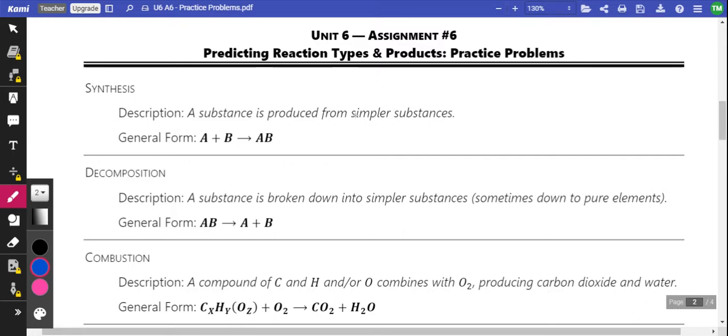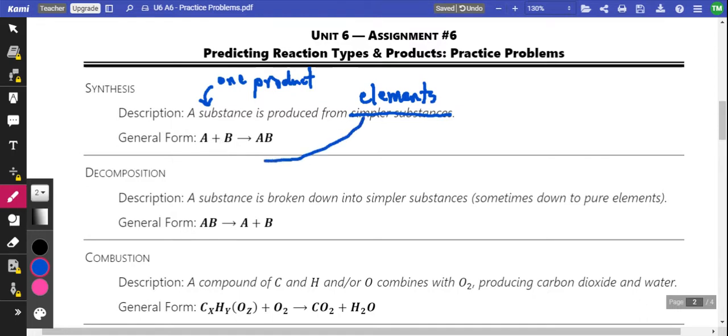You can think of these simpler substances that we start with in our reactants as just pure elements. Okay, and specifically, we make one product out of this. One product. So in my general form down here, my A and my B would be just regular old elements right off the periodic table.